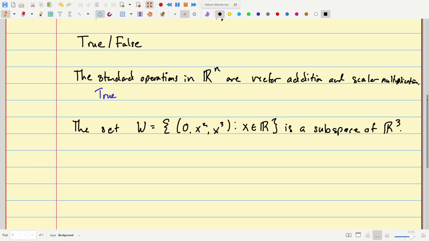The operations, vector addition and scalar multiplication, that's correct. But when I'm checking for closure, what do I want vector addition and scalar multiplication to give me? If I add together two vectors in W, what must I get?